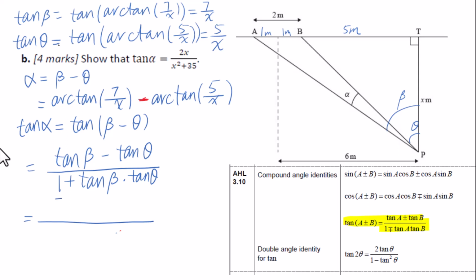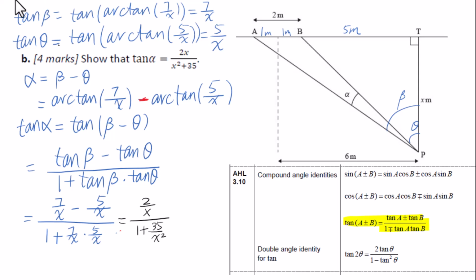Tangent alpha equals 7 over x minus 5 over x over 1 plus 7 over x times 5 over x, equals 2 over x over 1 plus 25 over x squared.